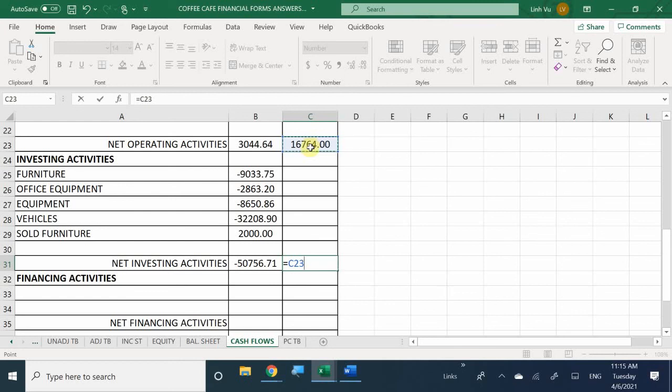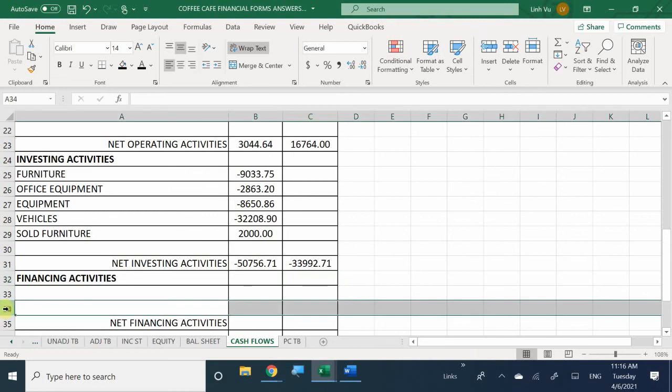I'm going to take this value and add, because this is a negative already, to bring me down to a negative $33,992. Okay, so that's after you've spent all this money to invest into your company. So don't worry about that number because, once again, this is only from investing.